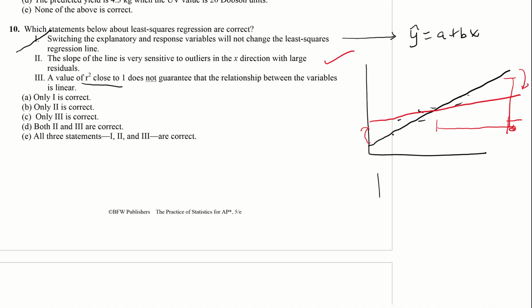For example, you could have something that looks curved like that, but if I fit this line, the r squared value is very high, might be 0.99, for example, or 0.98. It's close to 1, but the data is not necessarily linear. The best model would be a curve, right? So you just got to be careful with that. So both 2 and 3 are true. So the answer is D.